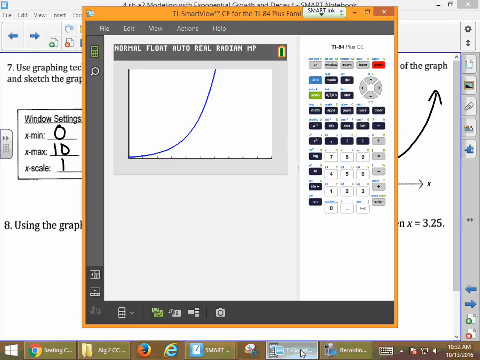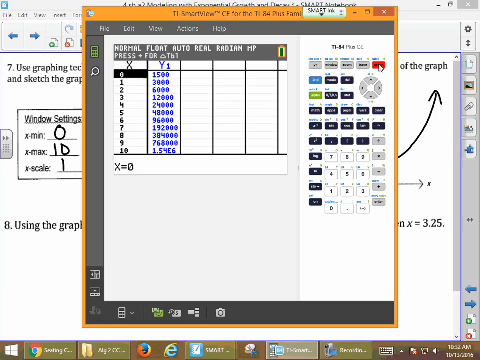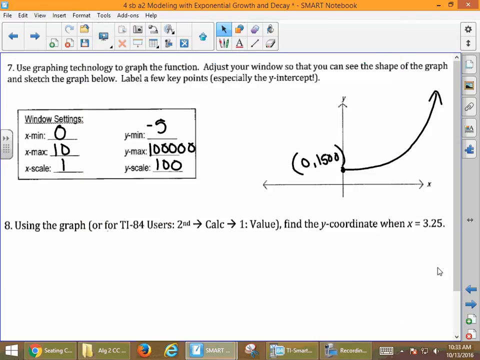If we go to second and table, well, the next point on here is 1, 3000. So we could do something like 1, 3000 as another point there on a graph. And I just got those numbers from the table.